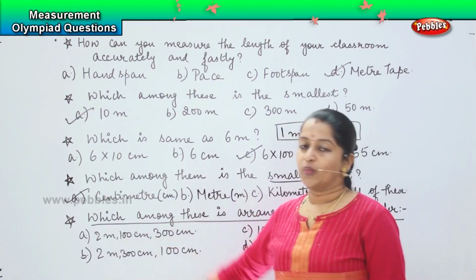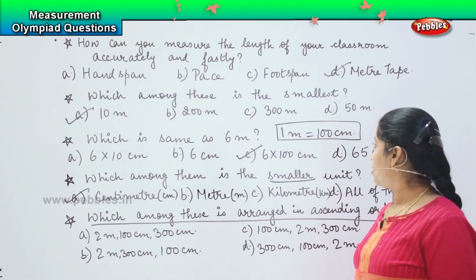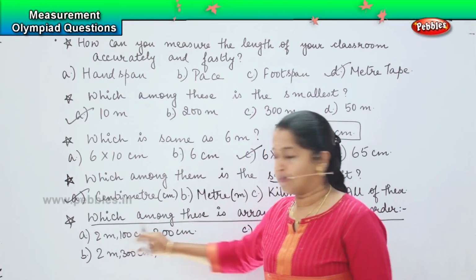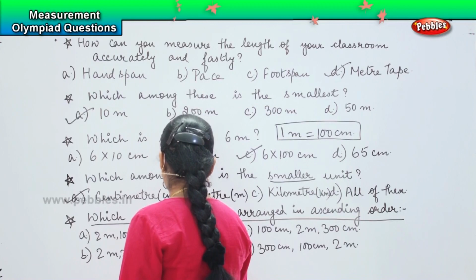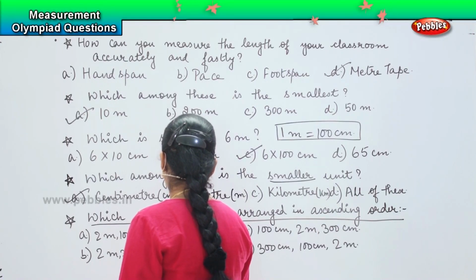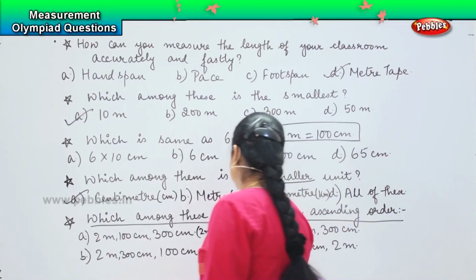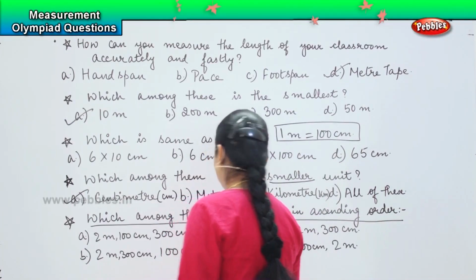So 2 meter, we know that 1 meter is equal to 100 centimeter, right? So option A, 2 meter, 100 centimeter, which means 2 meter, then 1 meter, and 300 centimeter, which means 3 meter, right?